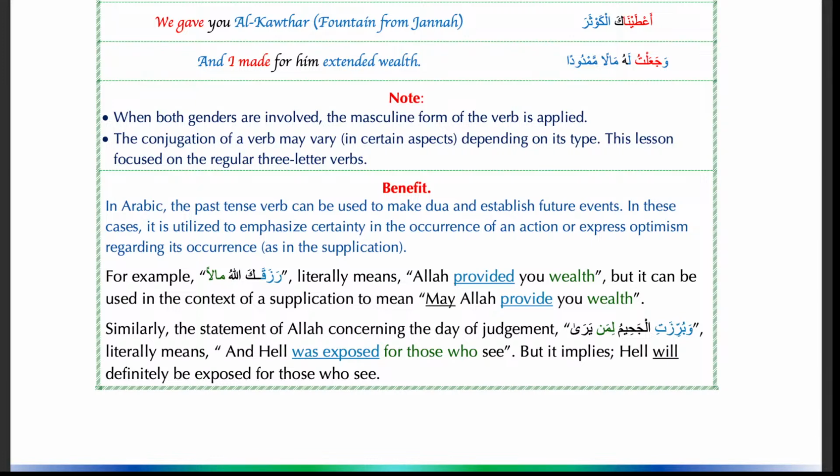With regards to miskin, no, it's not a collective noun. The word is just like that. You have some words whose structure resembles the plural, but the word is singular. So you can say, ana miskin, I am poor. Huwa miskin, he is poor.